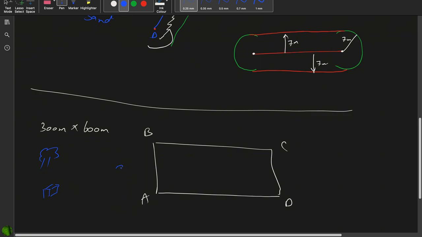Now 300 meters by 600 meters is actually a lot of area if you need to find the treasure buried somewhere.